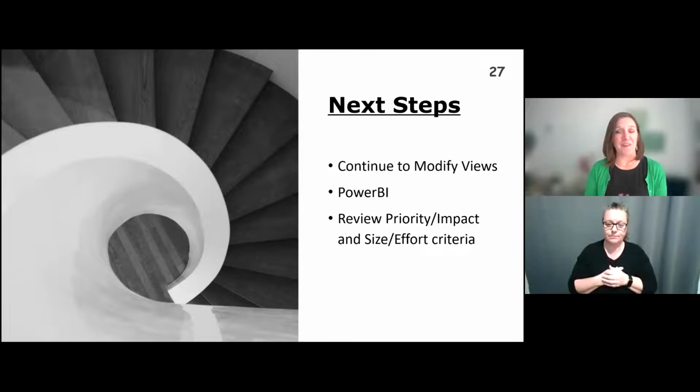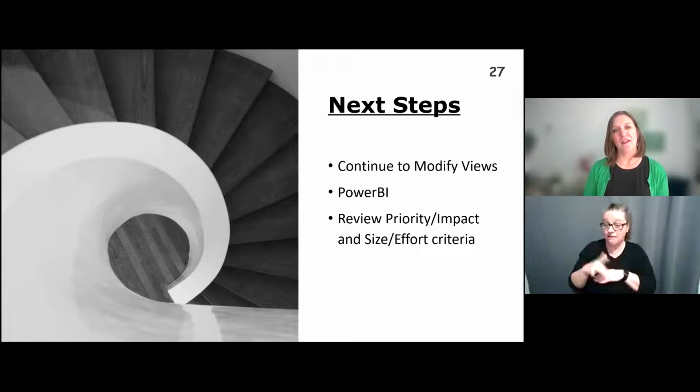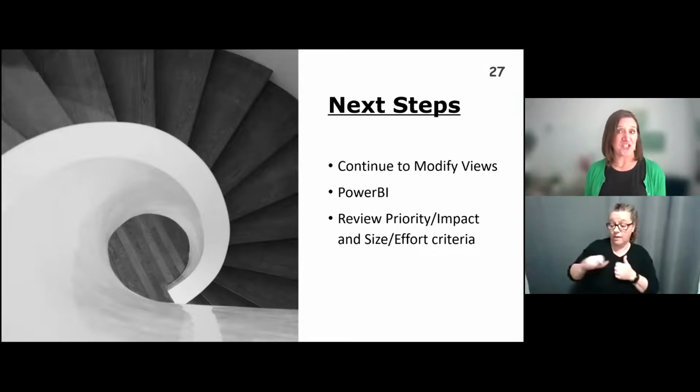I also want to work with our data folks to automate reporting via Power BI to save me time so that I can focus my efforts and energy on helping our customers rather than do something for which there is an automated process available. And then we have a new office chief. And so I want to review with them how they want to measure criteria and the associated weights for how we determine the priority impact of each project and the size and effort.